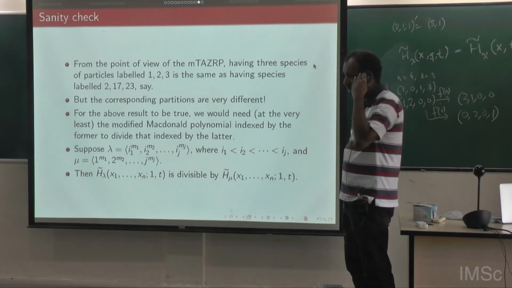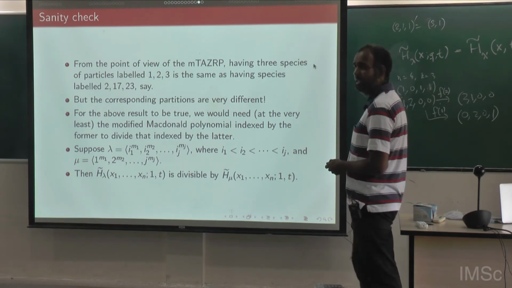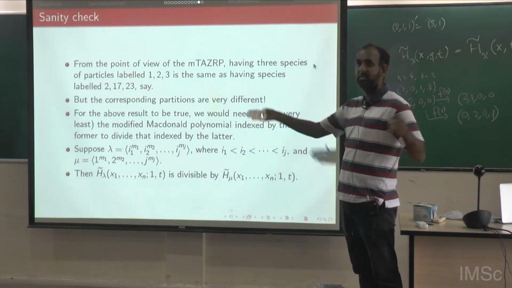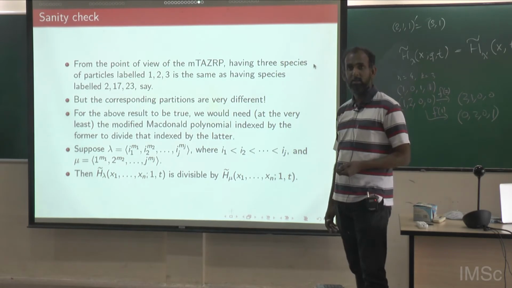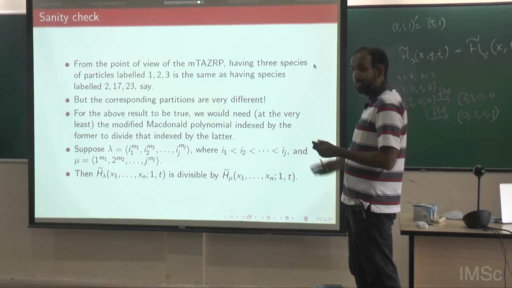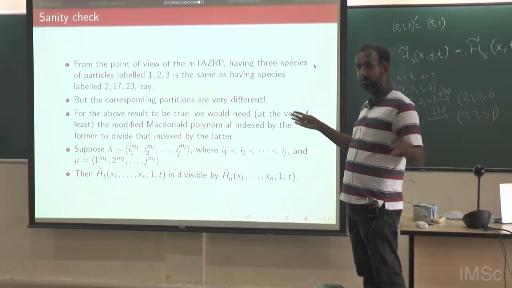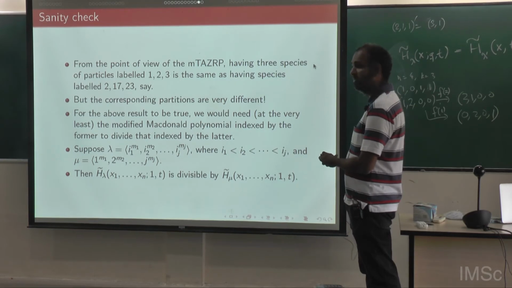Just let's do a sanity check. From the point of view of the multispecies TAZRP, having particles labeled 1, 2, 3 is pretty much the same as having any 3 distinct labels, right, something like 2, 17 and 23. But these partitions are very different. The h tilde lambda for this lambda is going to be massive.